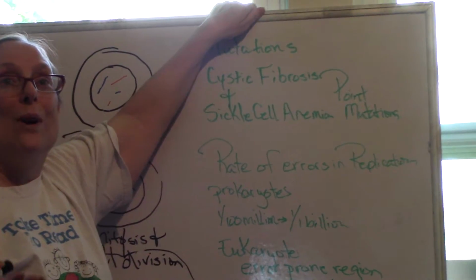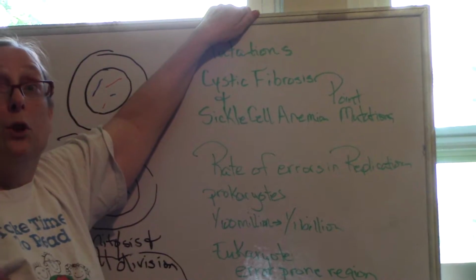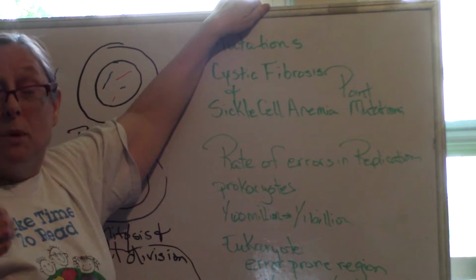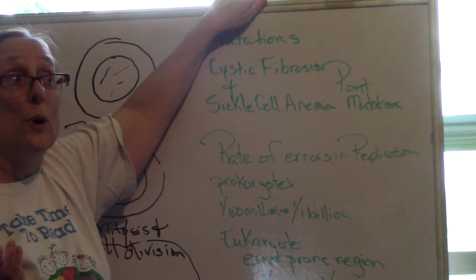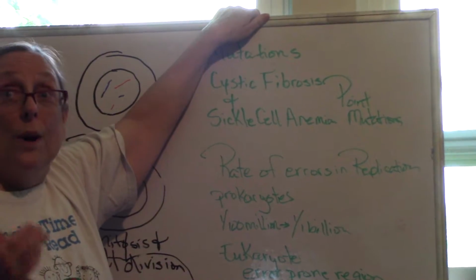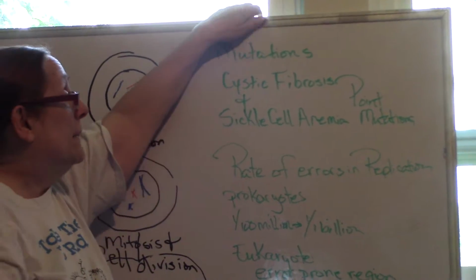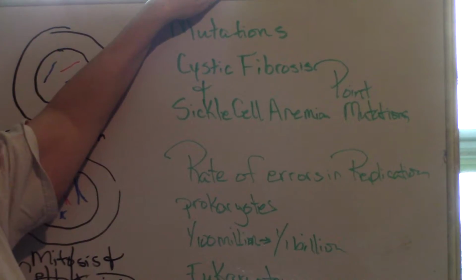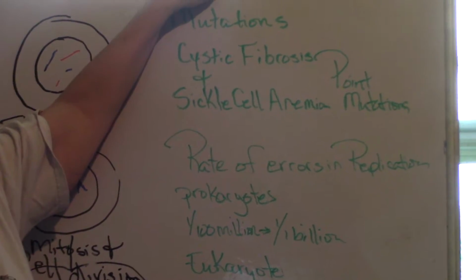So it's a chloride, the gene is for a chloride transport protein that's part of the cell membrane. Remember, we talked about cells and transport. So we have this chloride transport protein, and we have the normal chloride transport protein that moves chloride appropriately.